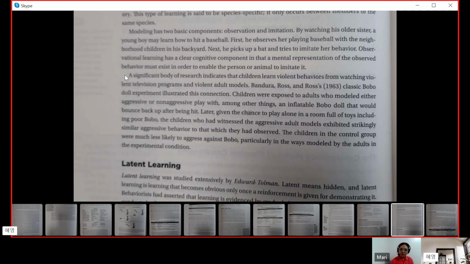A significant body of research indicates that children learn violent behaviors from watching violent television programs and violent adult models. Bandura, Ross, and Ross's classic Bobo doll experiments illustrate this connection.